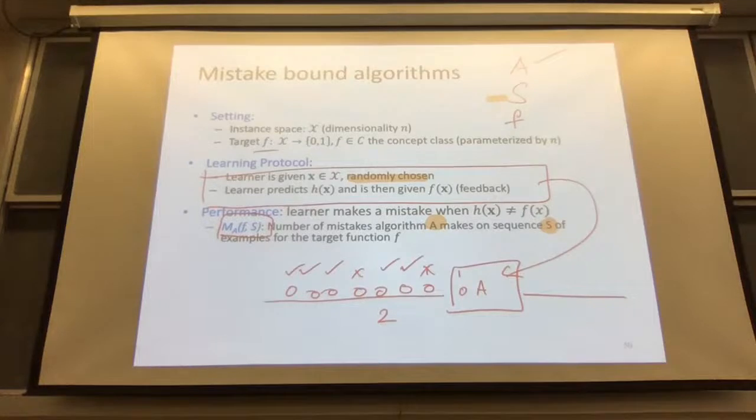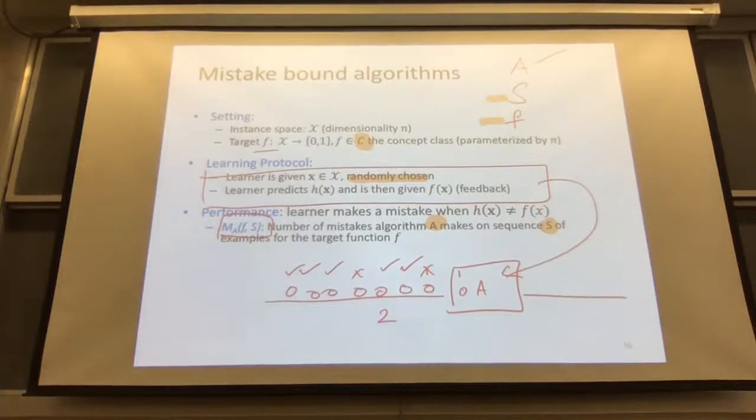Not only that, the algorithm designer can't control what the true function is. The only hope we have is that the true function is some function inside the concept class. That's the only assumption that we make.